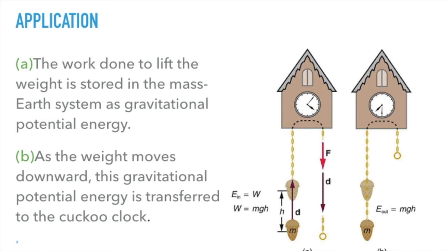Then over time that gravitational potential energy is going to decrease as this weight slowly moves down and makes the clock run. As the gravitational potential energy reduces, that goes into the mechanical energy of making the clock move.